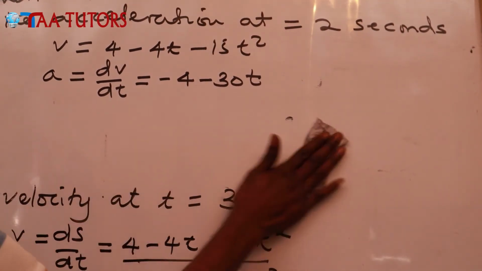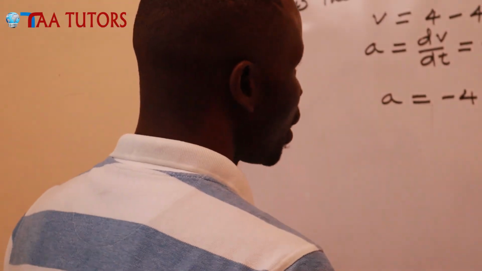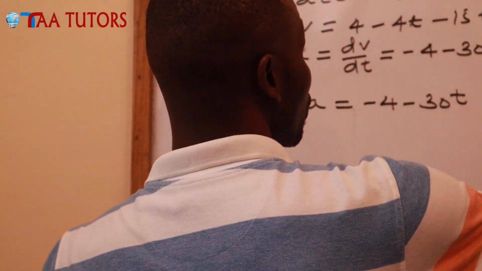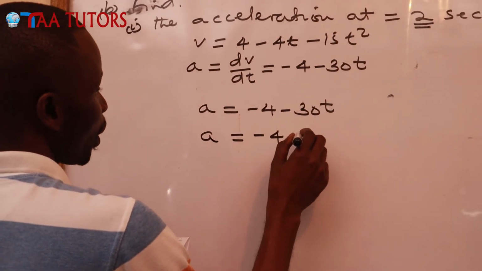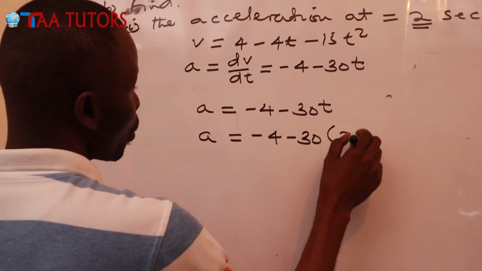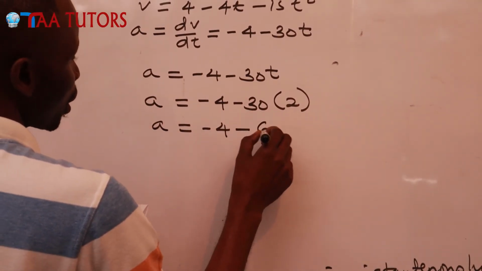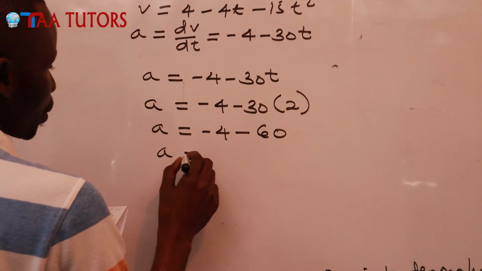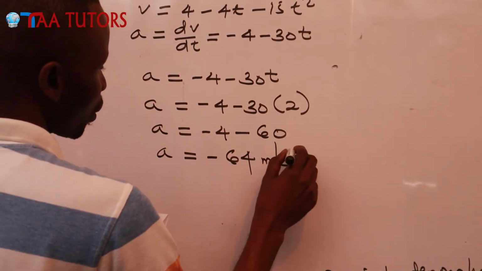At t equals 2, we substitute 2 here: a equals negative 4 minus 30 into 2, which is negative 4 minus 60, so a equals negative 64 meters per second squared.